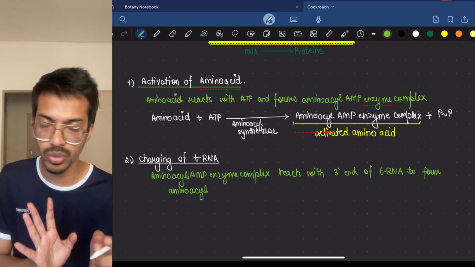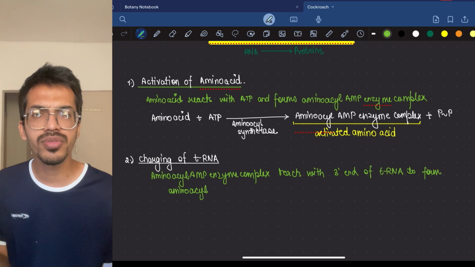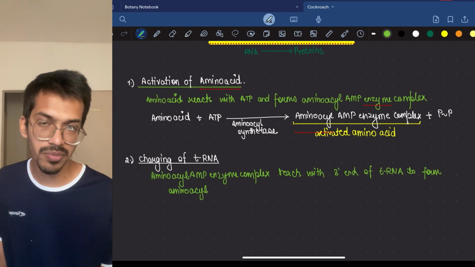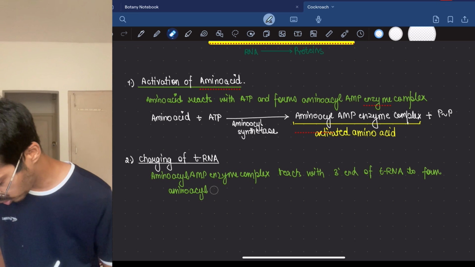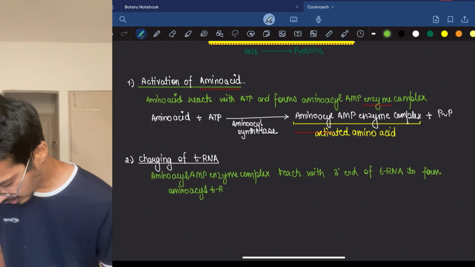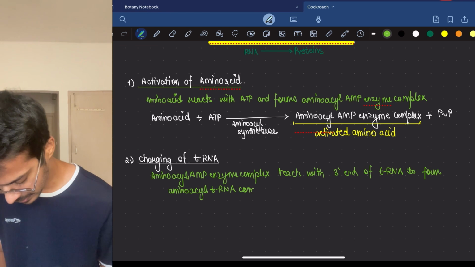AMP we don't need. Energy we don't need, because when your bus is coming towards you, what do you do? You sleep. Some student sleeps, no energy is needed because you are not doing anything. So aminoacyl tRNA complex.